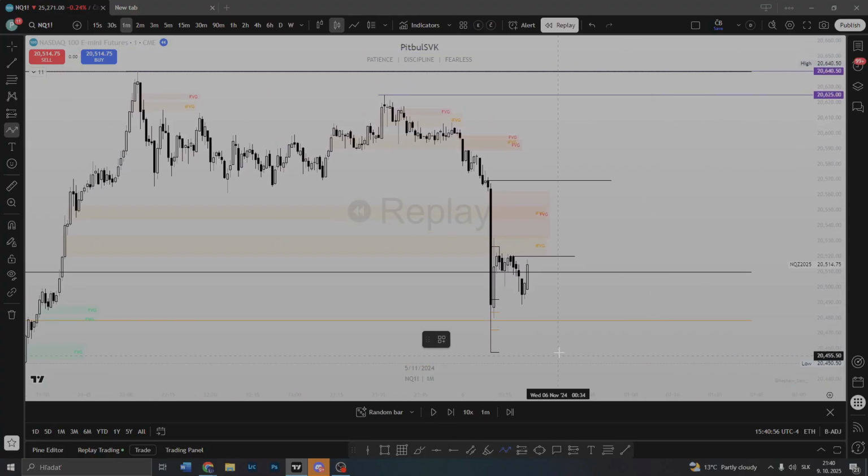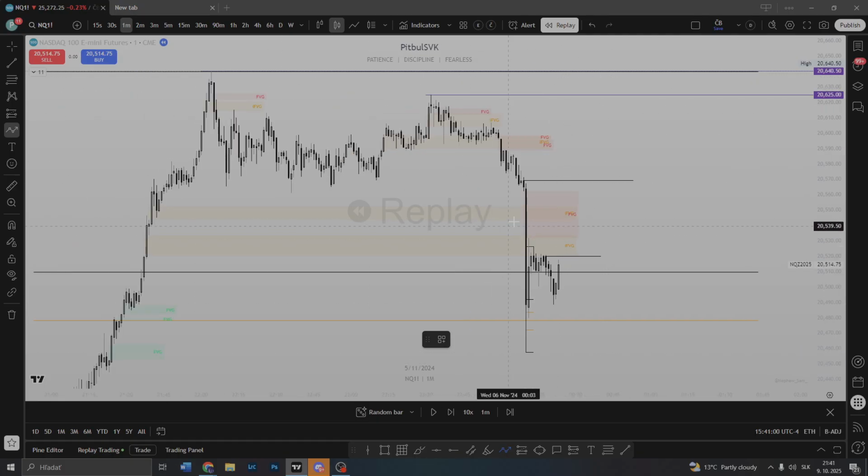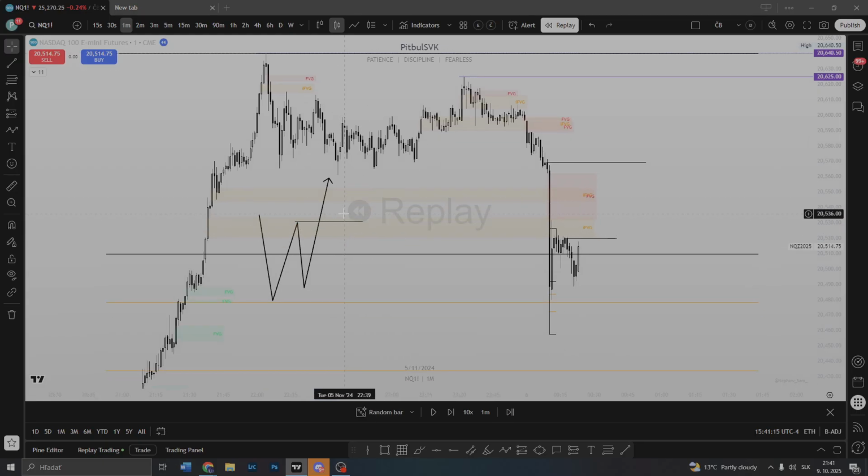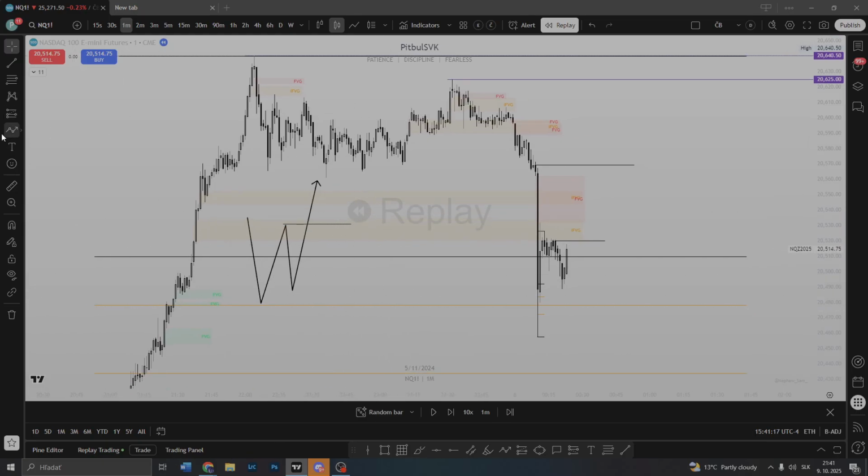If you take a look at the line chart, because I know some of you guys are newer and it's easier on the lines, basically if we do have, in this example, possible manipulation, soup, fair swing, once we breach this level, I'll be looking for possible entries on the longs. The same thing goes for the shorts.